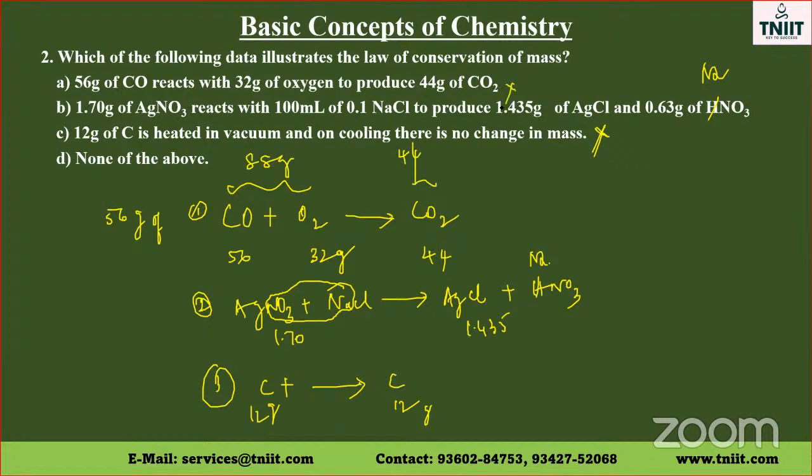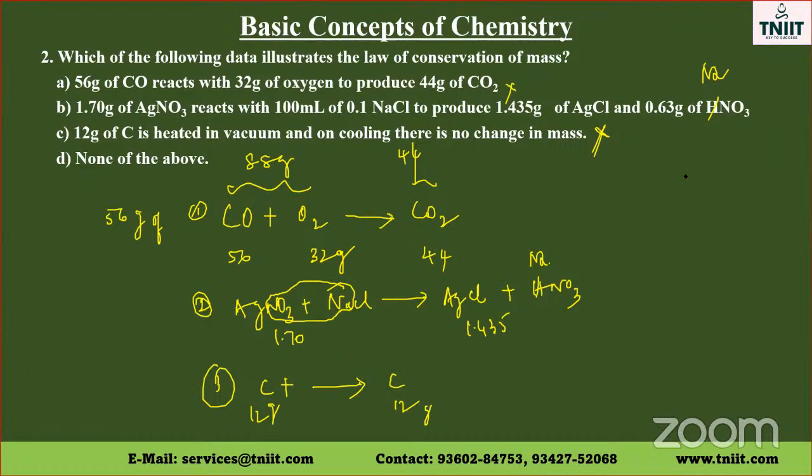The next option, if you see, silver chloride formed is 1.435 grams and 1.70 grams of silver nitrate. Here sodium chloride is 100 ml of 0.1 normal.